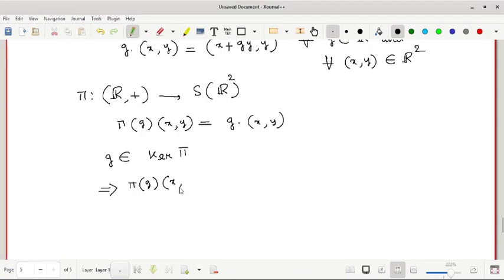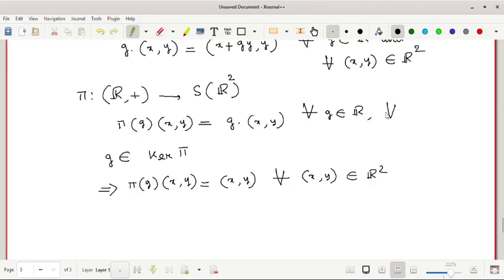So this acting on any element gives the same element, for every (x, y) in R2. This is the definition. For every g in R and for every (x, y) in R2.